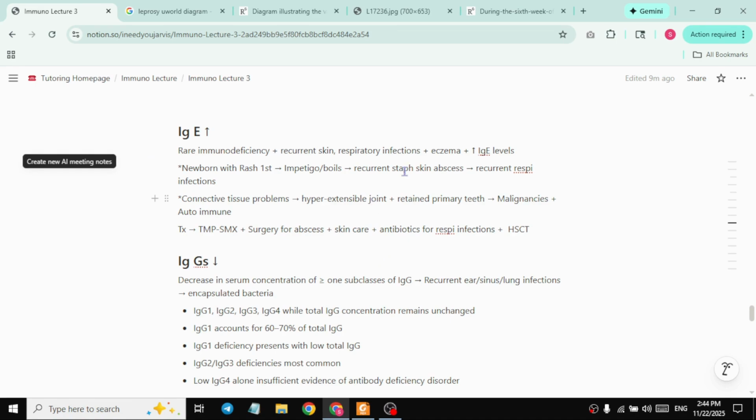But in this case, you're going to have the infections plus joint problems, okay? Because of these connective tissue problems, you'll start to see retained teeth, right? Coarse facial features, like developmental abnormalities, right? Maybe the stump that was supposed to fall off after birth cannot be excised out, right? So that's the usual set of symptoms.